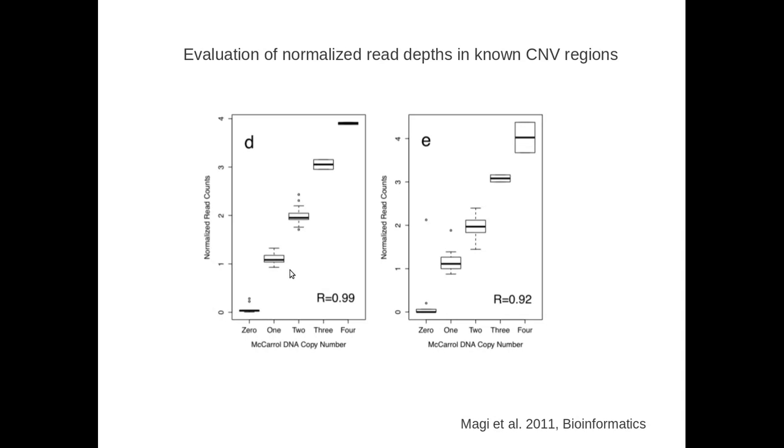When there's 1 copy, you end up with a normalized read count of 1, 2, 3, 4. So this is a proof of principle that they demonstrated here, that after doing appropriate normalization methods, you get this nice linear effect of read depth. And so this is the signature that we are looking for in using read depth methods.